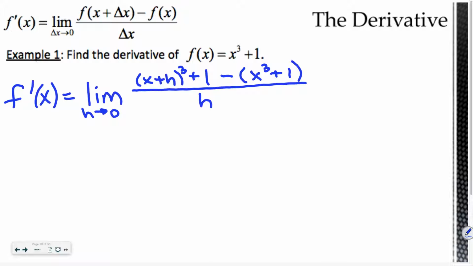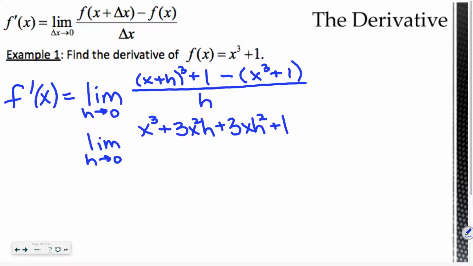So now we got to do some algebra, right? Because if we plug in 0 for h, we get 0 over 0. So we got to do some algebra. If we take x plus h, the quantity cubed, x cubed plus 3x squared h plus 3xh squared plus 1.